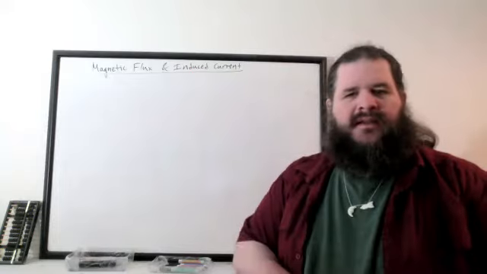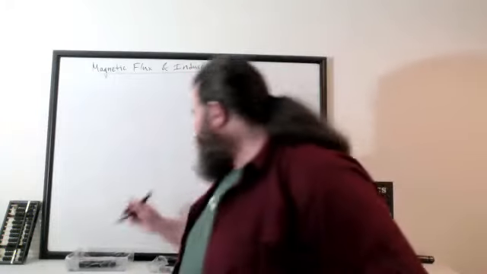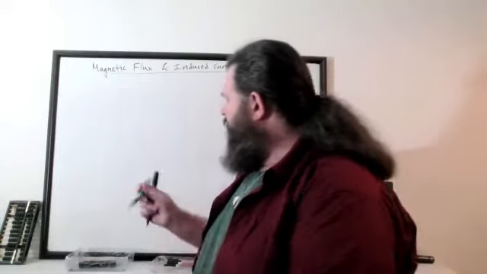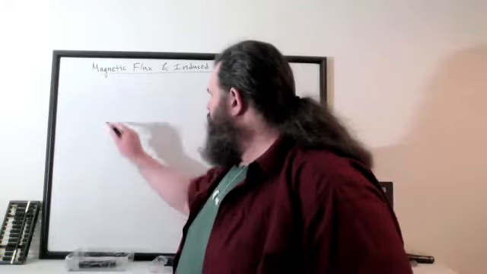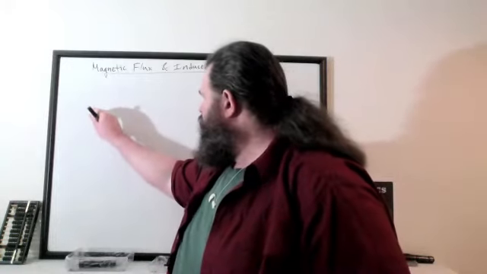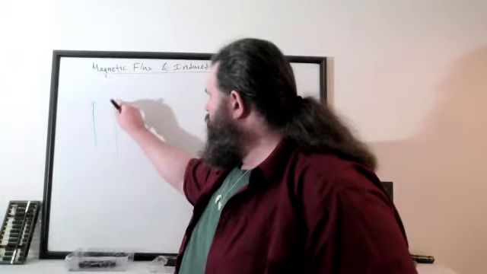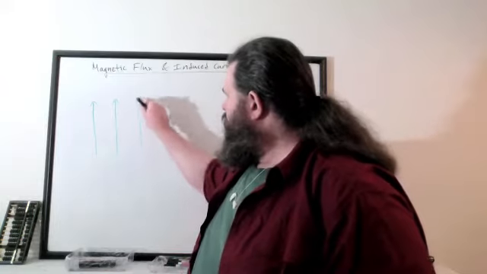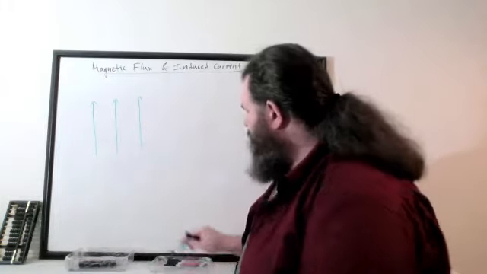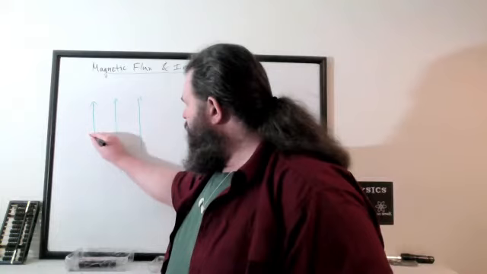So the idea of magnetic flux, if you've got some loop of wire and some magnetic field, let's say a magnetic field pointing straight up. And we've got a loop of wire shaped like this.